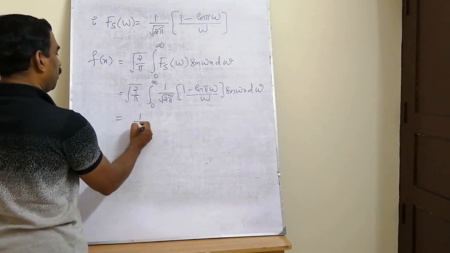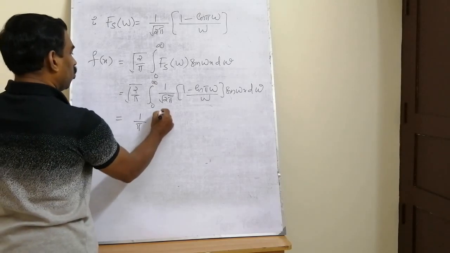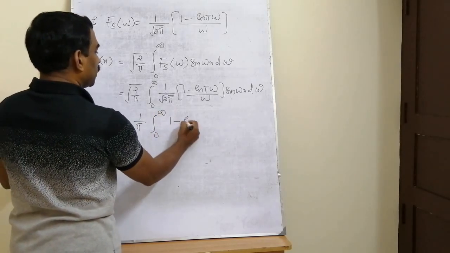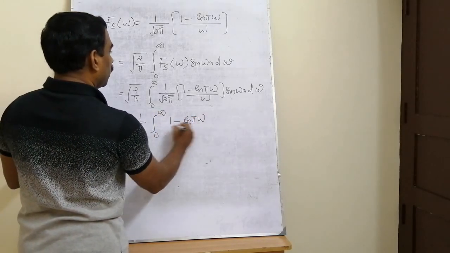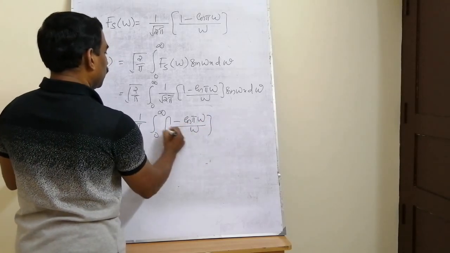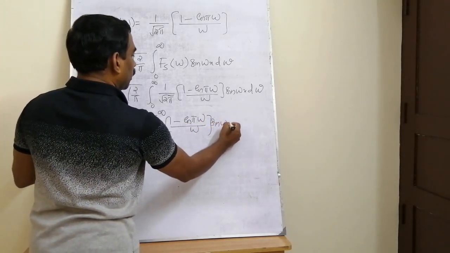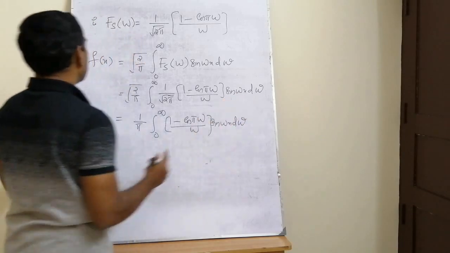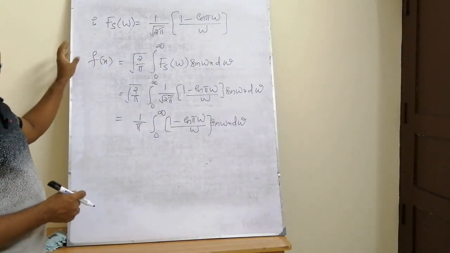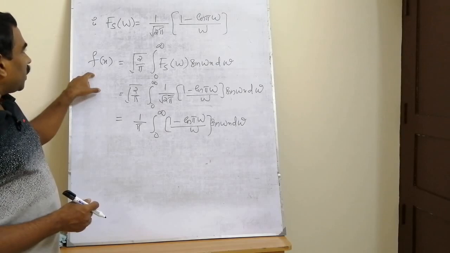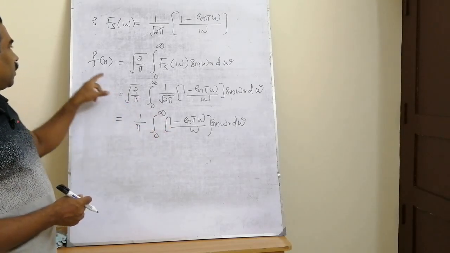So this is 1 by pi integral 0 to infinity (1 minus cos pi omega) divided by omega into sin omega x d omega. So this is the inverse Fourier transform, or the integral representation of the given function f(x).